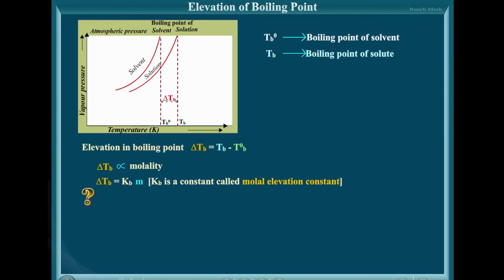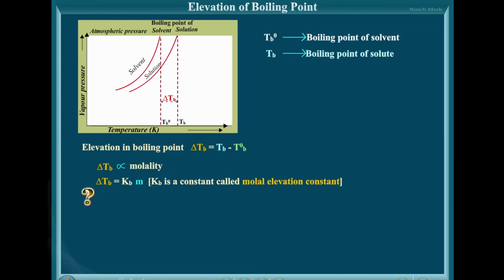Now, elevation in boiling point depends upon the relative number of moles of the solute and solvent, as given here in the equation, but does not depend upon the nature of the solute, so it is a colligative property.